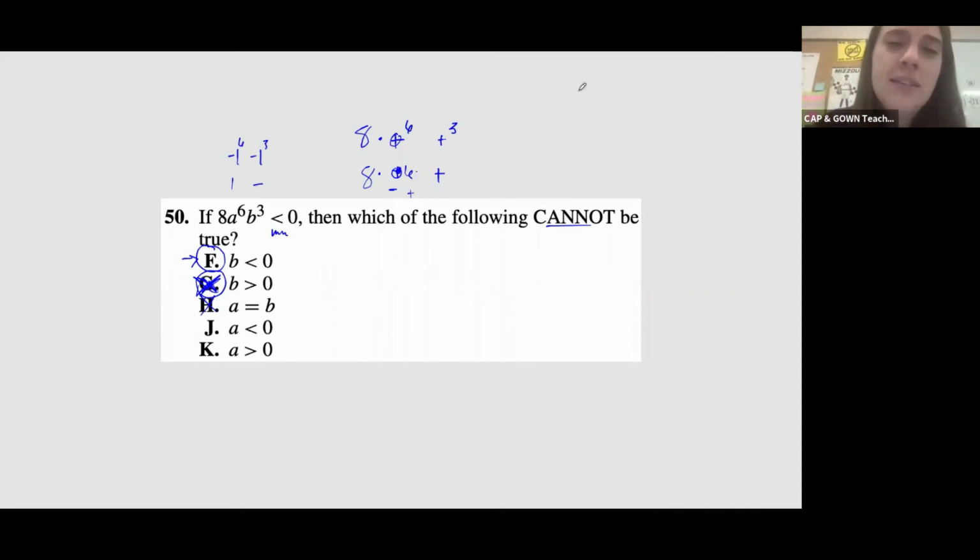So in this case, it could be a positive to the 6, and that was always going to be positive. This could be a negative number. Well, a negative number to the 3rd power can still be positive. And then multiply that by 8, you get a big old positive number, and then this is no longer true. That positive number is no longer less than 0.